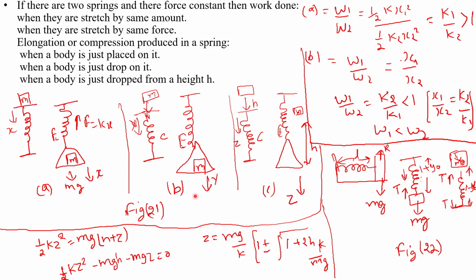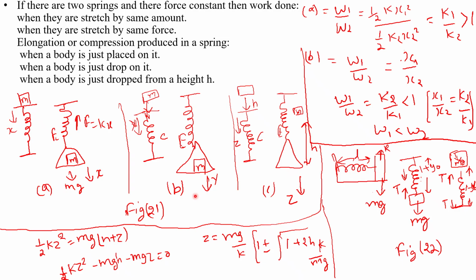So y is equal to 2 mg by k, that is 2x. That is, when a body is just dropped on a spring, the maximum stretch is double of that when the body rests on it in equilibrium.